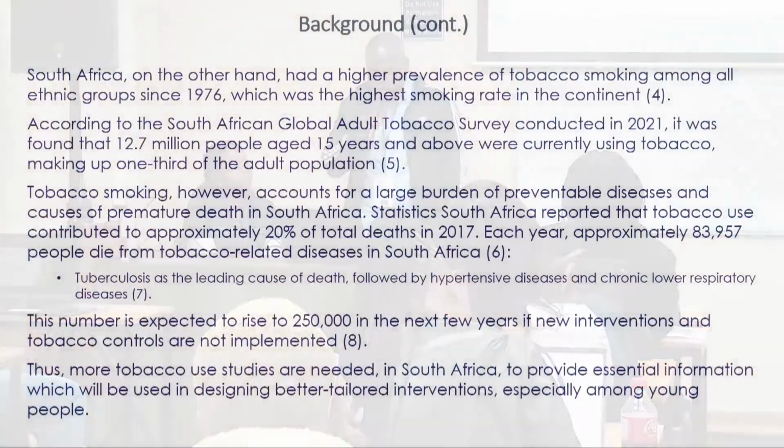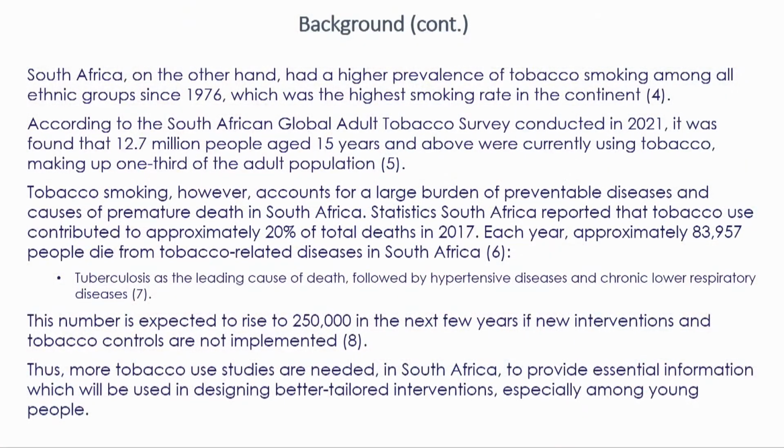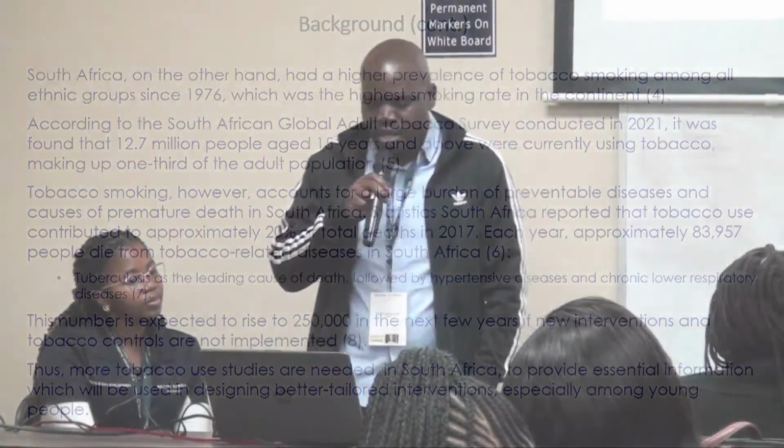And also, in 2017, tobacco contributed to 20% of total deaths, and if we were to quantify that, each and every year it contributes to more than 80,000 deaths. It's through different types of disease, including TB or tuberculosis.